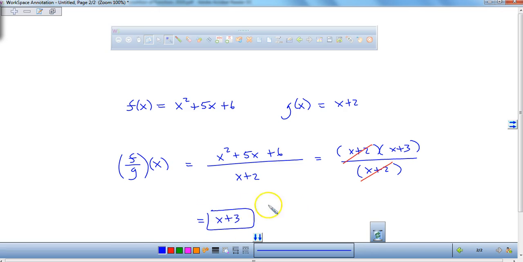That would be the answer, but the domain would basically mean the set of all x values such that x is an element of the real number system. So all real numbers, except it could not equal negative 2, because there would be what's called a removable discontinuity, also known as a hole in the graph.